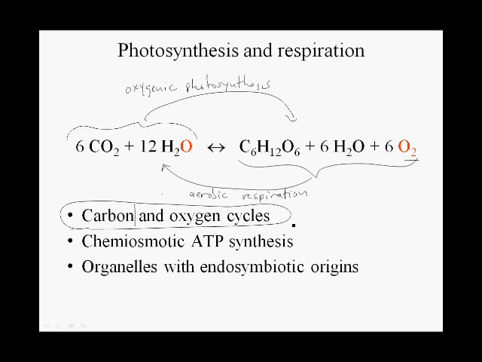Both of these processes, oxygenic photosynthesis and aerobic respiration, feature chemiosmotic ATP synthesis, meaning we have ATP synthesis driven by a proton gradient across the membrane, and ATP synthase in both cases is pretty much the same. They're both carried out in eukaryotic cells. In eukaryotic cells, both processes are carried out in organelles with endosymbiotic origins.